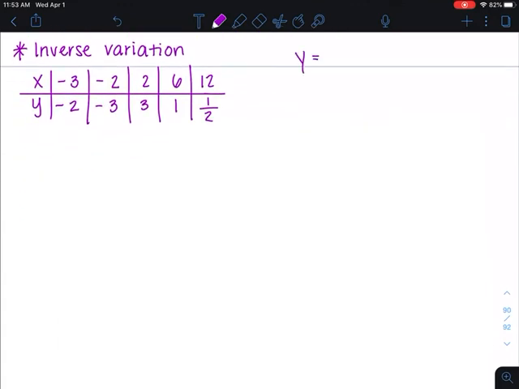So inverse variation, the general formula for that is y is equal to k over x. So we're going to again pick a point, same steps. We're going to pick -2, -3.